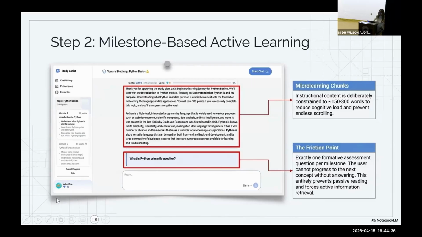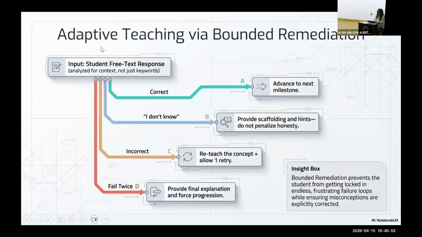Another aspect of this is that we disabled copy and paste for this box, so that they are not copying and pasting from just another LLM system. All of this is about guiding them to apply cognition, to cognitively interact with whatever they are seeing. So that's the goal we are trying to achieve here.